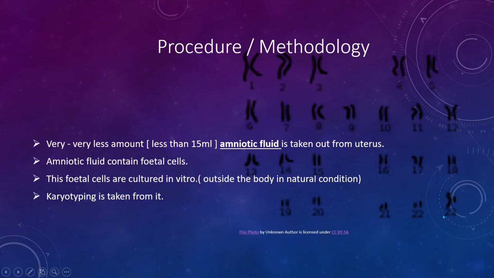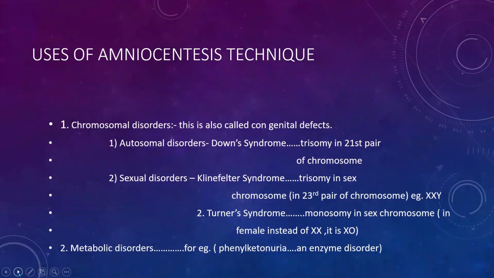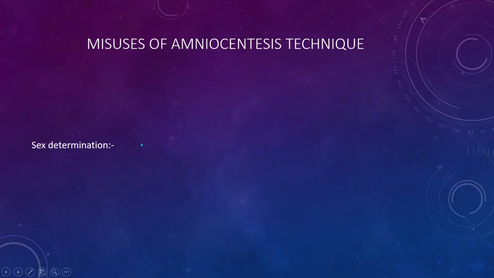So when a doctor takes out this karyotyping, they must remove or blur this portion so that no one is able to read the sex of the child. Why? This is actually misuse of the amniocentesis technique, which is restricted or prohibited in our country.